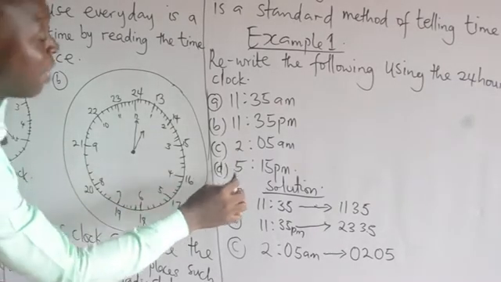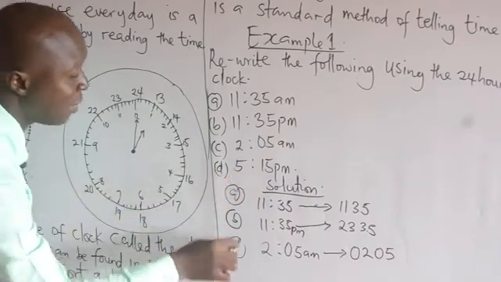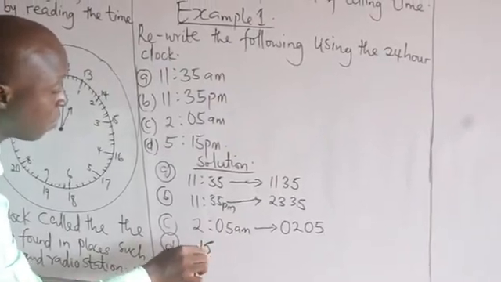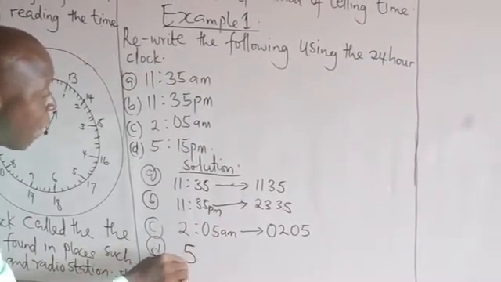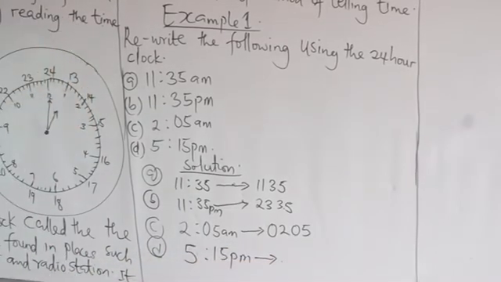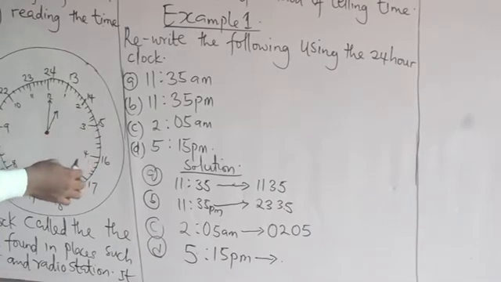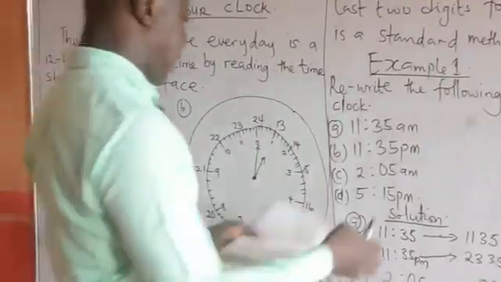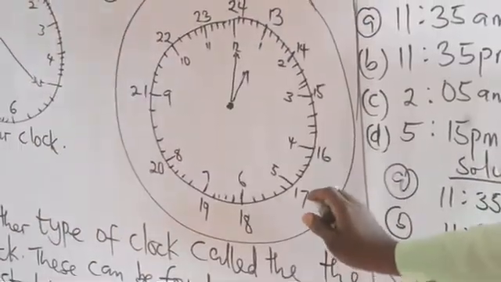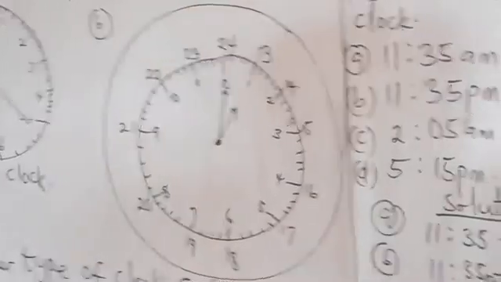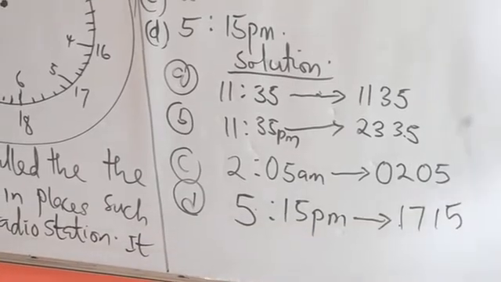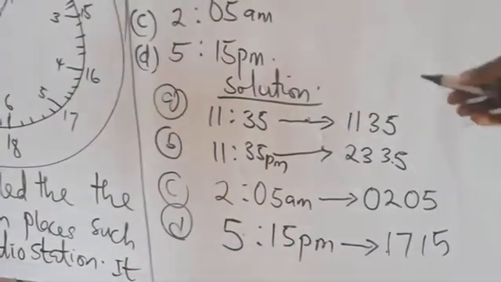So if you want to write the final number, we have the D part, 5:15 p.m. If you want to write 5:15 p.m., 5 in 24-hour clock represents 17. So it's something at 17:15. So this is the method of writing time in 24-hour clock.